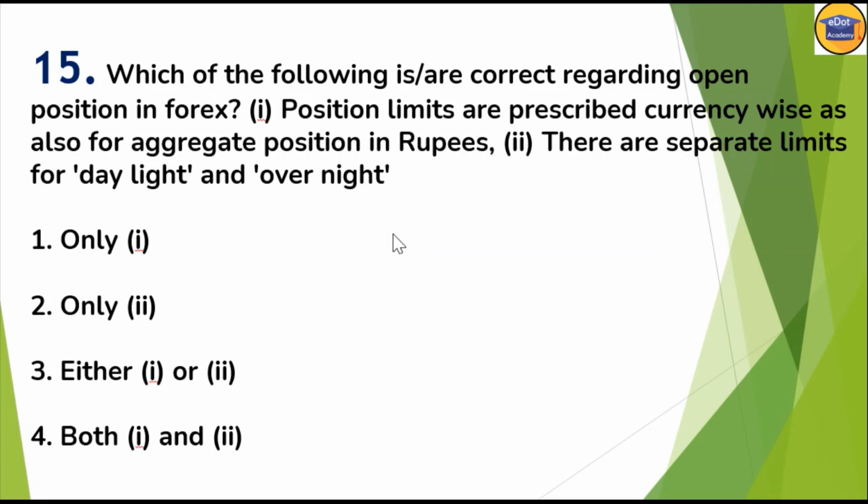Okay, so you have to tell me which options are correct here. Both are correct, because position limits are prescribed currency wise and also for the aggregate position in rupees, and there are separate limits for day and overnight. So both the first and second are correct, which means option fourth is correct here.